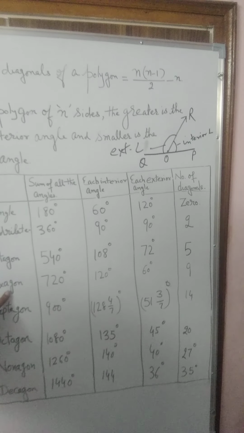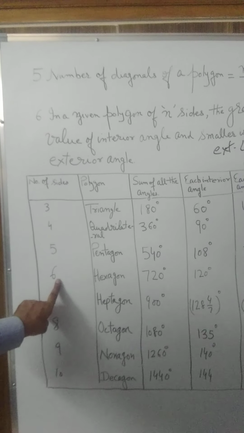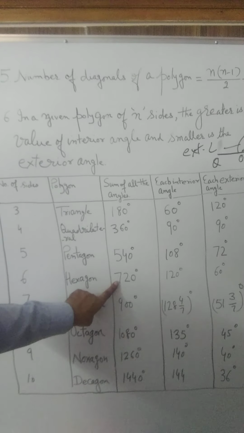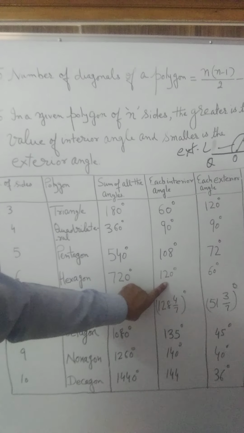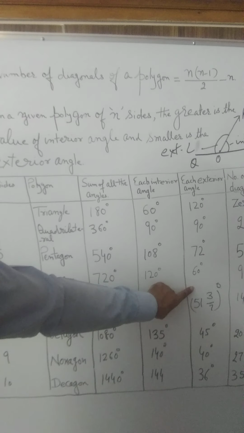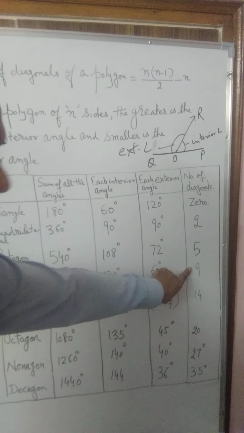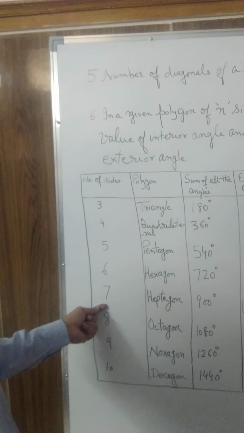A hexagon, see here, a hexagon has 6 sides. So sum of all the angles will be 720 degrees, each interior angle will be 120 degrees, each exterior angle will be 60 degrees, and number of diagonals will be 9. Similarly, the case of heptagon. A heptagon has 7 sides.